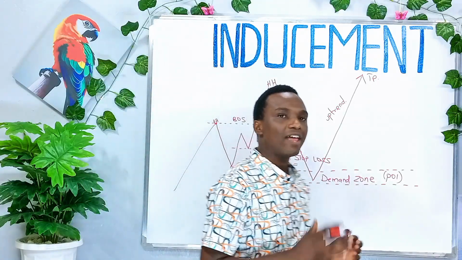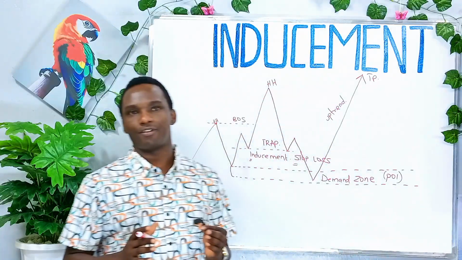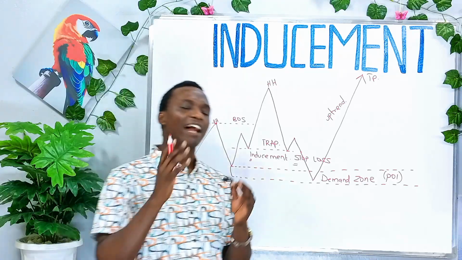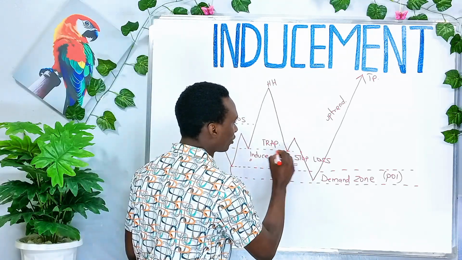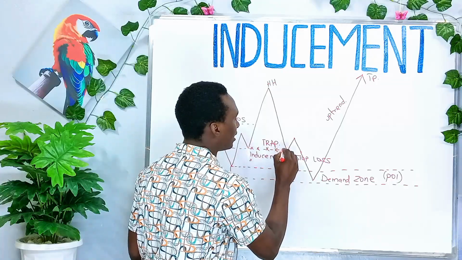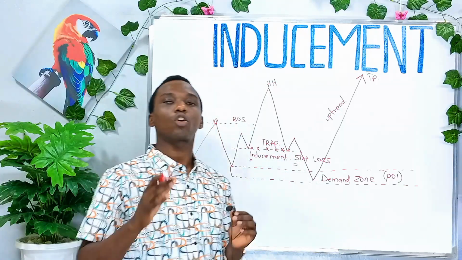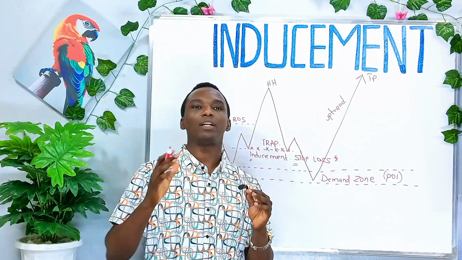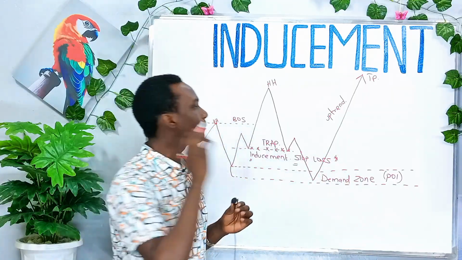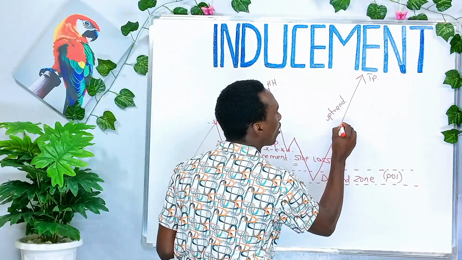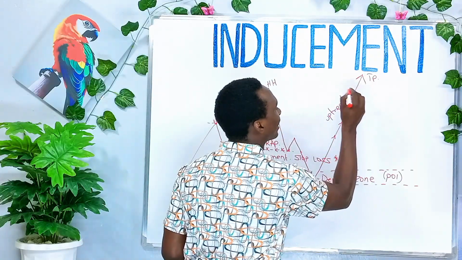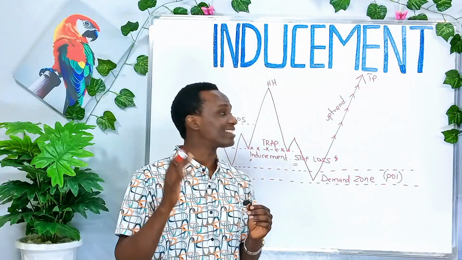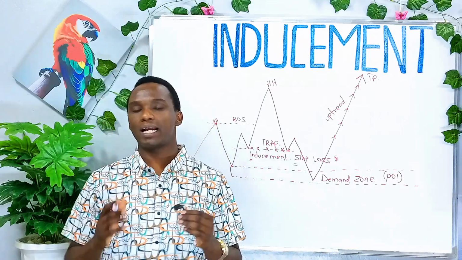They engineer a move that attracts retail traders to enter at very unfavorable levels, like these levels. This causes their stop losses to be triggered before the price moves in the original desired direction, which was an uptrend. And this is the summary of the smart money concepts.